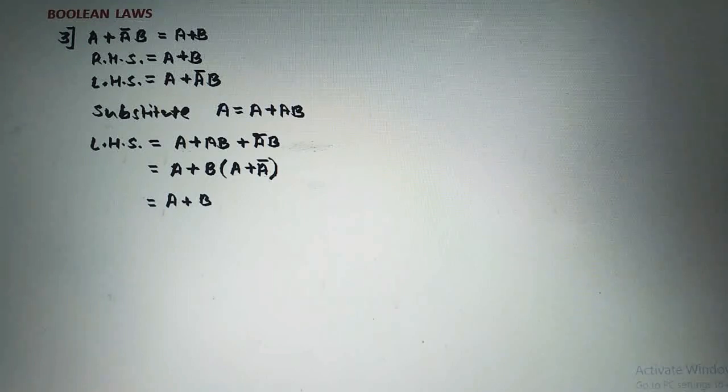What is A plus A bar? A plus A bar is equal to 1. So we will write dot 1 in bracket, we are using A plus A bar is equal to 1 here.